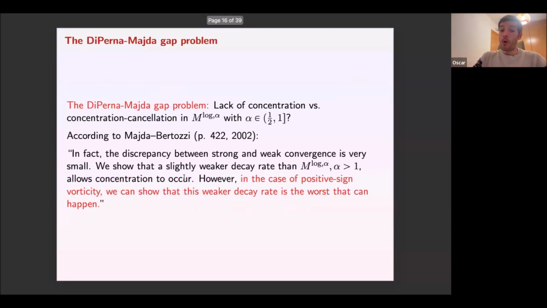Okay. However, from a physical point of view, to restrict our attention to positive sign vorticities is too restrictive indeed. Because vorticity measures how the fluid rotates, right?